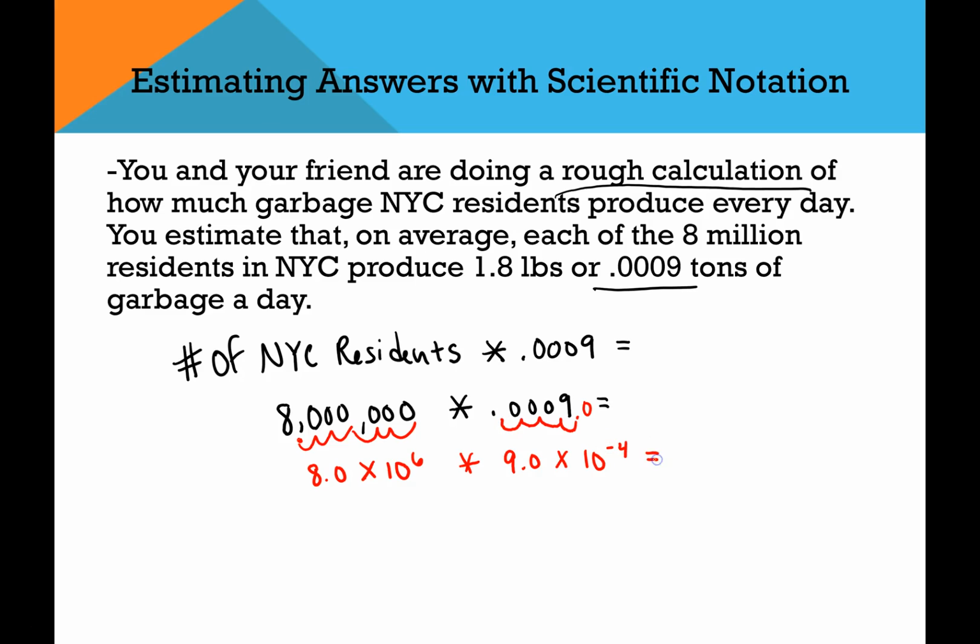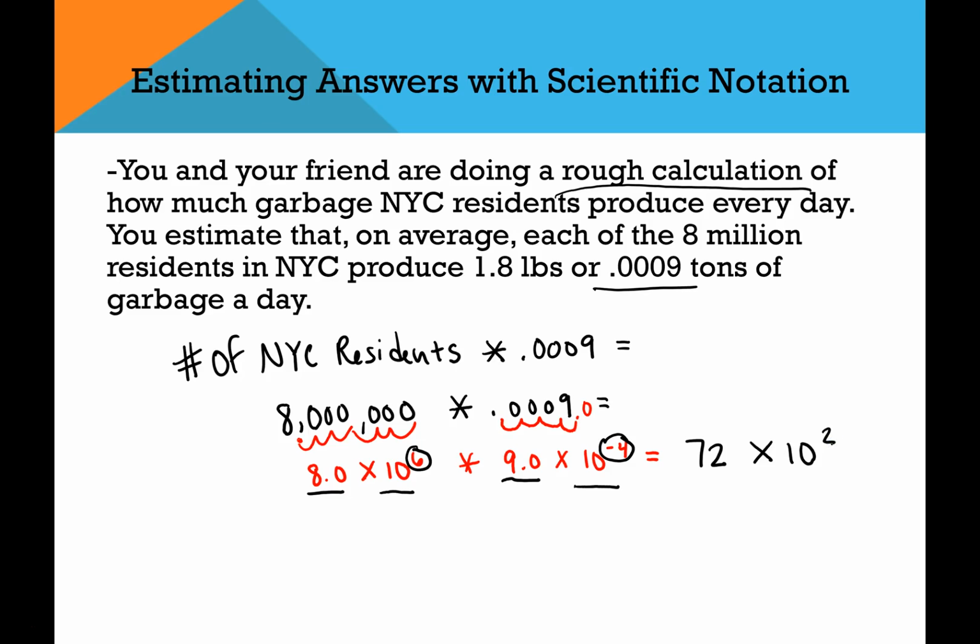So to do this problem, all you have to do is multiply 8 times 9, and you get 72. Times, and then our exponent rules, if you remember from Algebra 2 or Pre-Calc, says that if I'm multiplying 10 to the 6th times 10 to the negative 4, you're just going to add 6 plus a negative 4, which is 2.